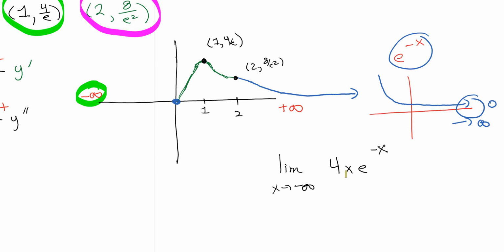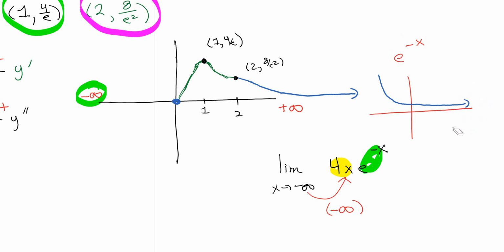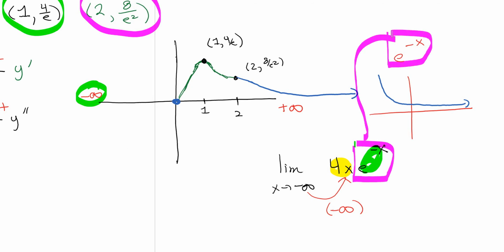Okay, so once again, we can look at both of these functions separately if that helps. And I know if I plug in infinity for this expression, 4 times negative infinity is going to be negative infinity. And then for this part of the graph, I can go ahead and use my reference graph right here.